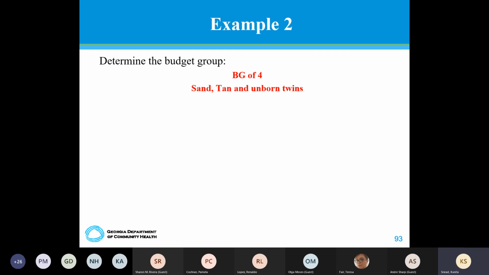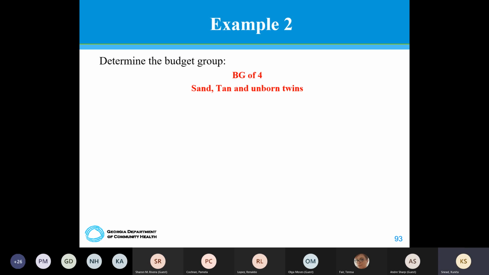So that tells you right there that this household is a non-filer household. And since it's a non-filer household, for the child, because San is considered a child, she's 17, the budget group should be herself, her parents if living together, any siblings under the age of 19 if living together, and the unborn fetus. So it should be her, her mom, and the twins.